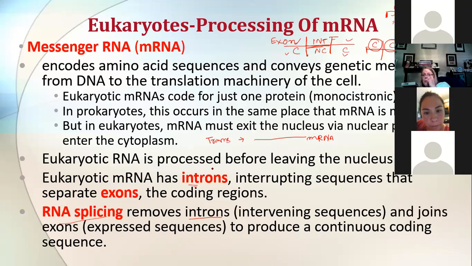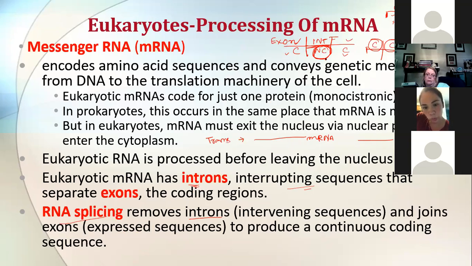Oh, okay. So basically, after RNA splicing, it takes out all the non-coding sequence of the messenger RNA, okay? Non-coding sequences are called introns because they are interrupting sequences.